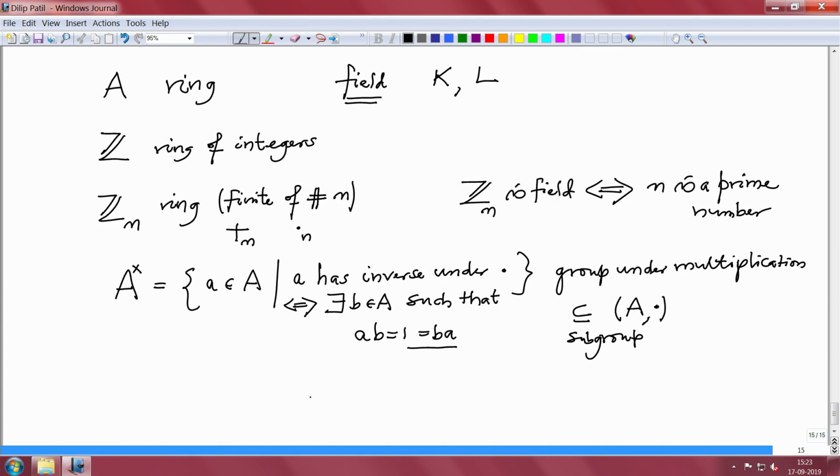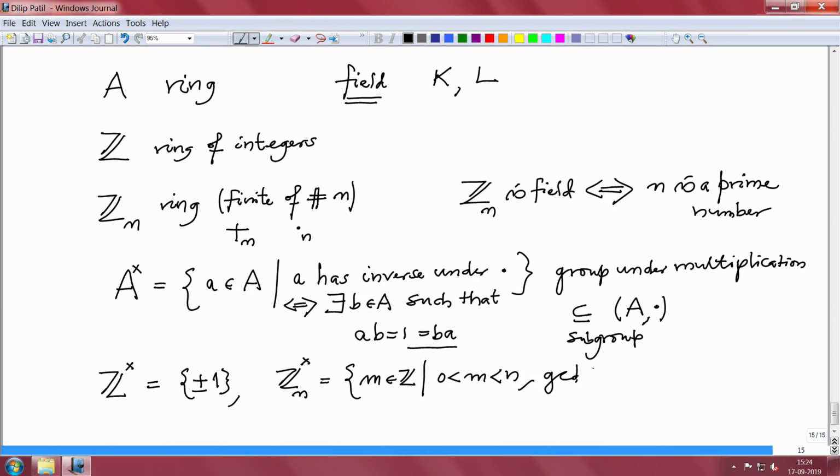And this group can be too small. So, for example, in case of Z, this is just 2 elements, plus minus 1, and in case of Z mod n, it is just all those integers m in Z such that 0 less than m less than n and GCD of m and n is 1, coprime integers in between 0 and n.